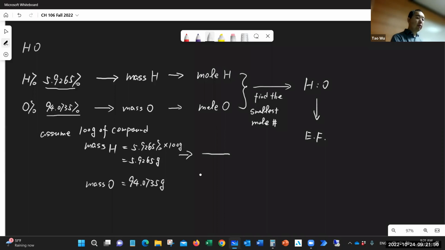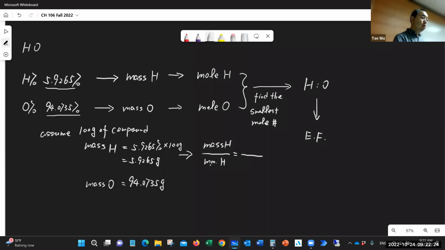This is a very common conversion in this unit. Mass of hydrogen divided by the molar mass of hydrogen gives you the moles. Remember, this is the molar mass of hydrogen, not the molar mass of H2, because in this compound we are trying to figure out moles of hydrogen, not moles of H2. So this is just divided by the molar mass of hydrogen.